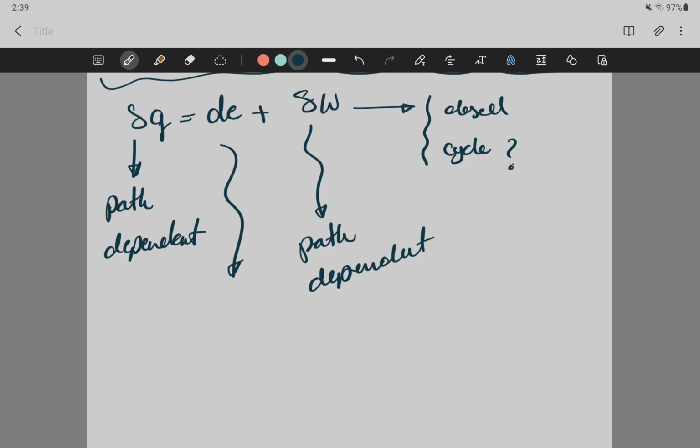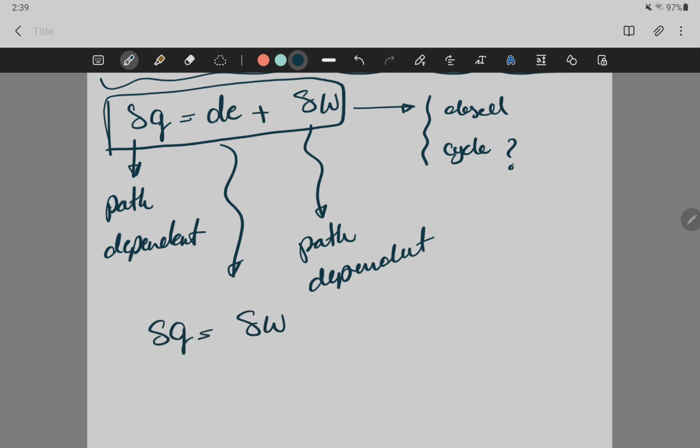What is conserved? Energy. So what will happen to this equation then? Delta Q is going to be equal to delta W, right? So the changes in internal energy is going to be 0 because we are going back to the same state, right?